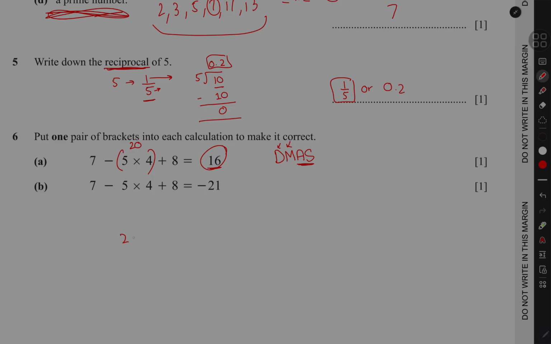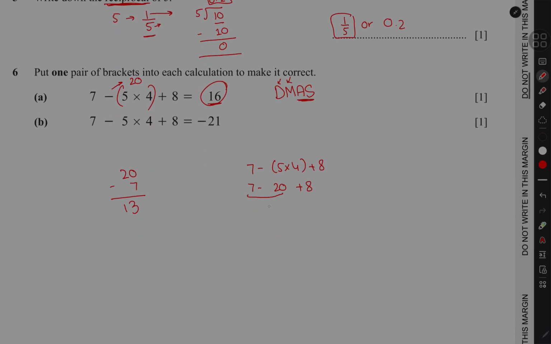So what I can do is 20 minus 7, which would give me 13, and just put a negative sign because 20 had the negative sign. So now my answer would be 7 minus 5 times 4 plus 8. Okay? So that would be 7 minus 20 plus 8. Now 7 minus 20 is negative 13 plus 8.